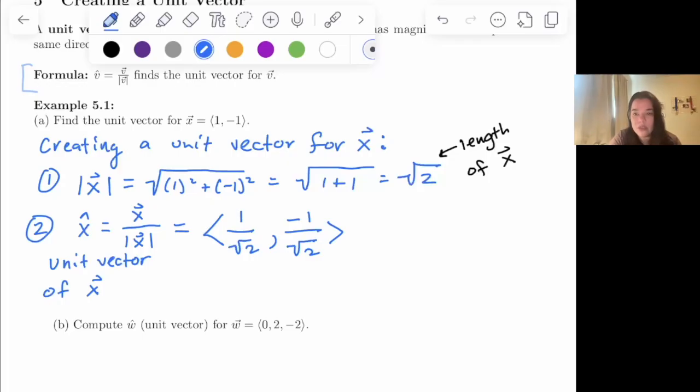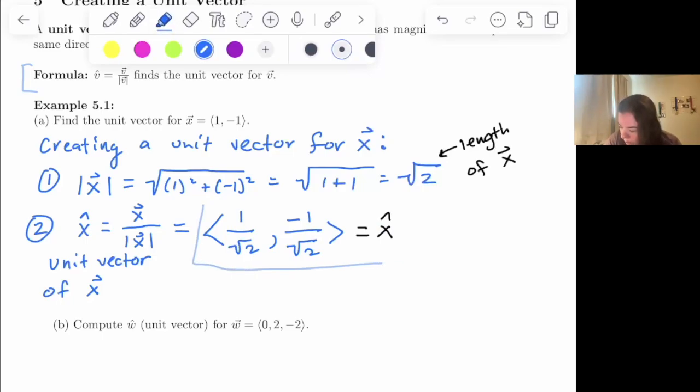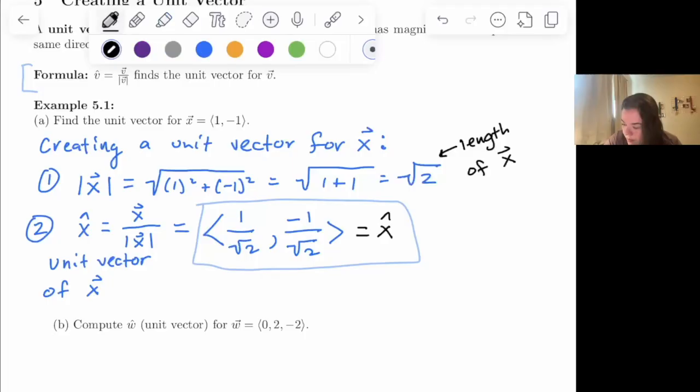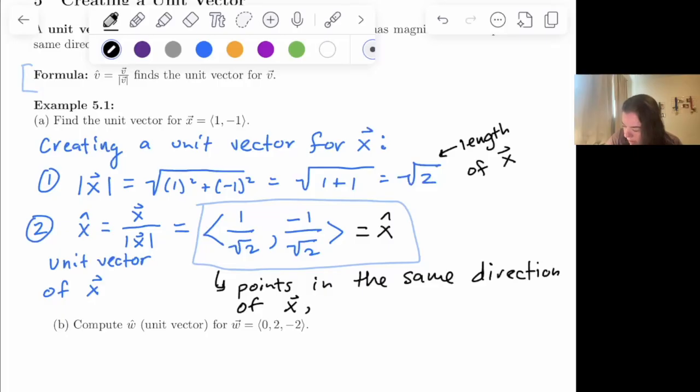Let's summarize what we just found. This vector, x hat, the one we just created, points in the same direction as the original vector, in the same direction as x, but has length 1.